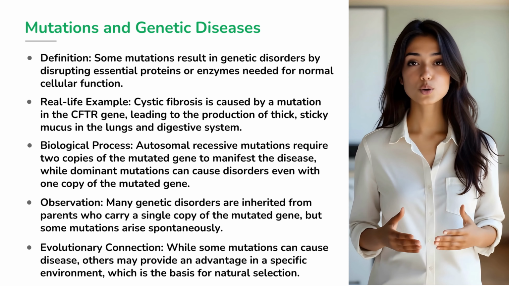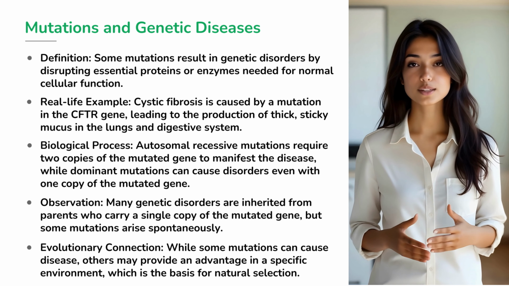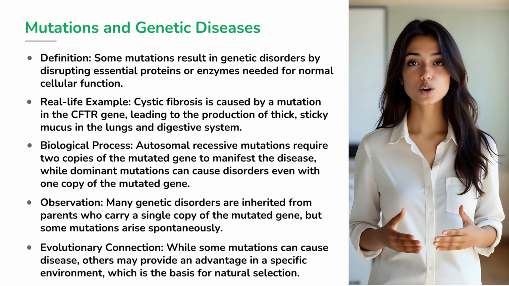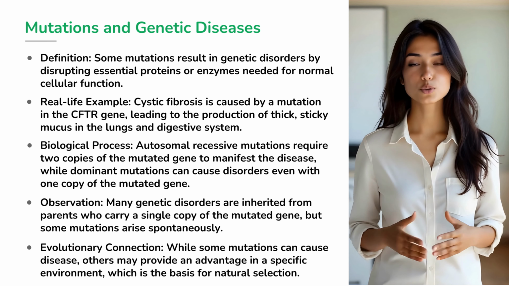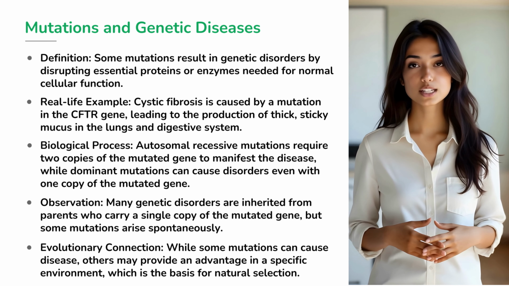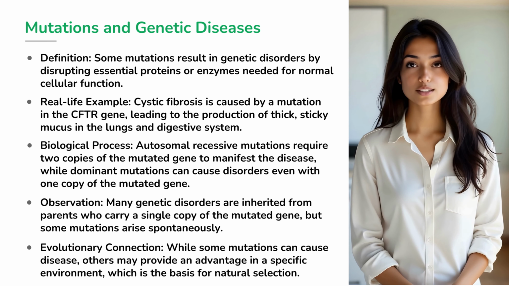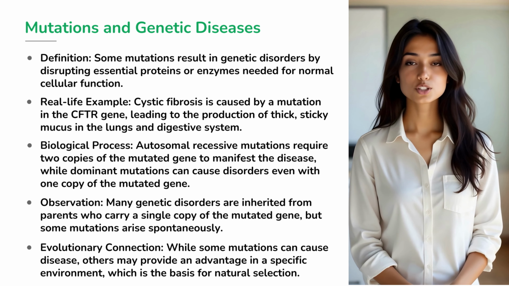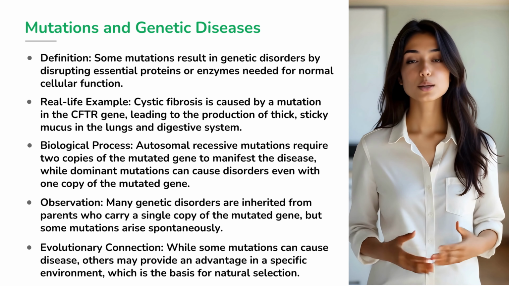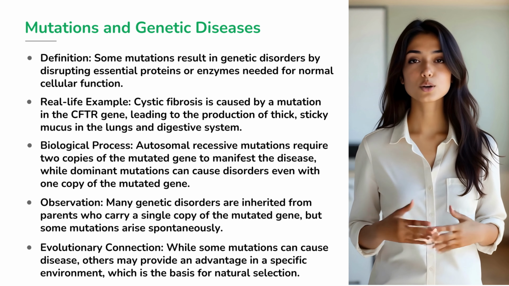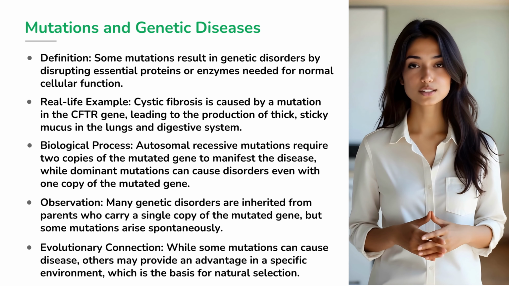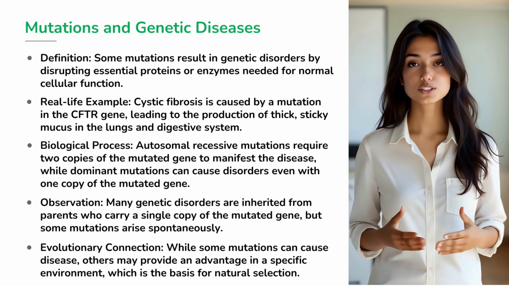Interestingly, not all mutations cause diseases. In fact, many mutations are harmless and may not show any noticeable effects. But some mutations, especially in critical genes, can disrupt the body's normal function, leading to conditions like hemophilia, where blood doesn't clot properly due to a mutation in the gene that codes for clotting factors.